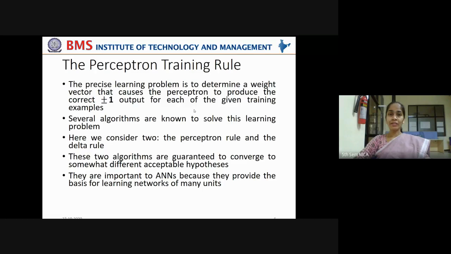If you don't understand the basic concepts of this, you may not be able to build artificial neural networks and further deep neural networks. You might have heard about this term deep learning, right? Deep learning is nothing but having multiple layers of neural networks, complex structures of neural networks. But when you have to build those complex structures, you should be very clear about the basic things that actually work in a neural network.